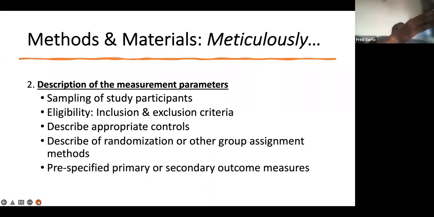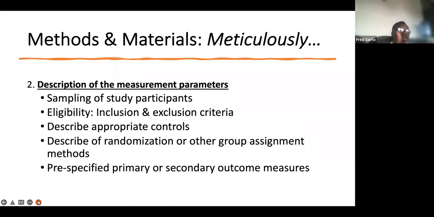So if you are performing a clinical trial looking at blood pressure control among stroke survivors, and your outcome at month 12 is systolic blood pressure less than 140 millimeters of mercury, that must be pre-specified. And let's say you finish the trial and say, oh, let's increase it to 145 millimeters of mercury because you think your results are going south. No. So your primary and secondary outcome measures must be pre-specified.